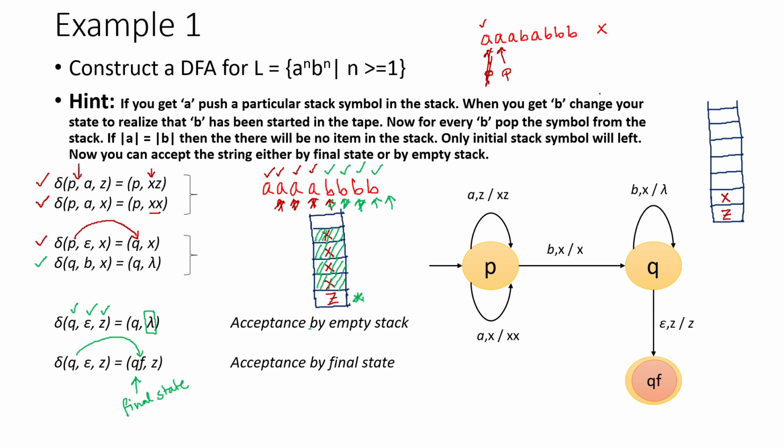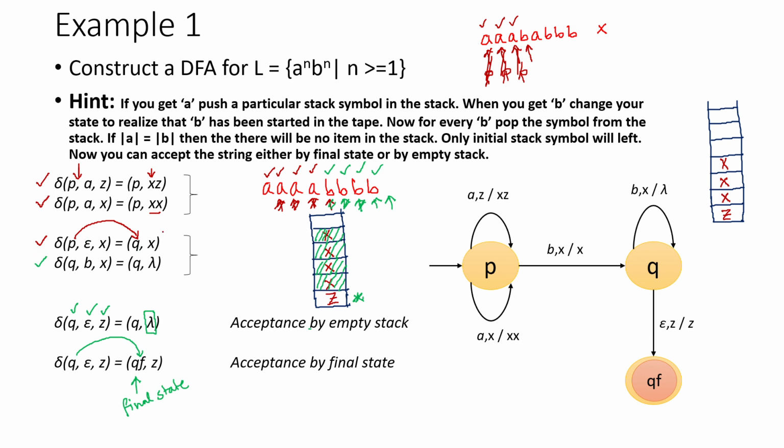Now P on A on X, there is a transition function P X X. That means again X will be pushed. Done. Now P on A on X, again another X. Fine. Done. Now B is encountered. When B is encountered, this will not work.